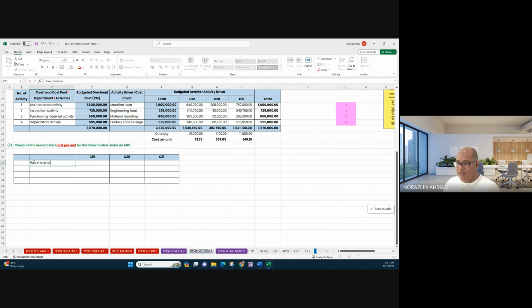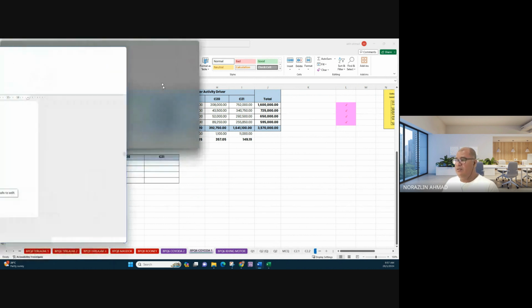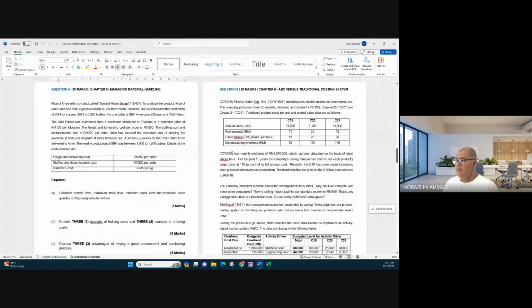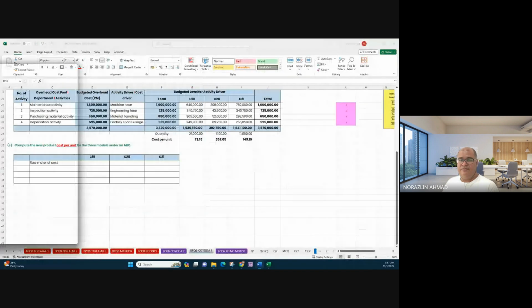The raw material cost for this one, you have this one: 11, 25, 42, 10, 20, 20.